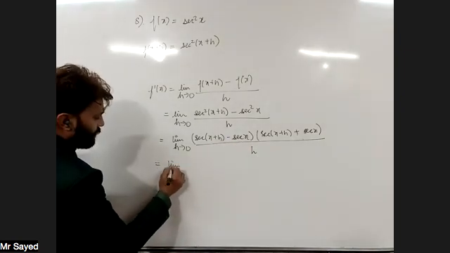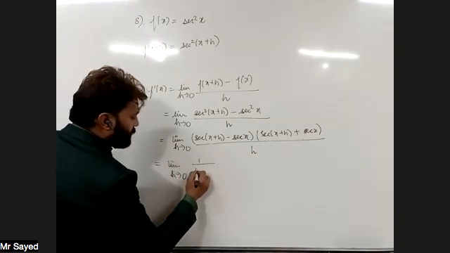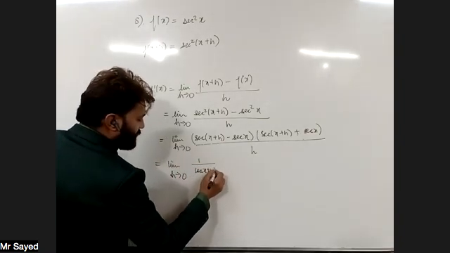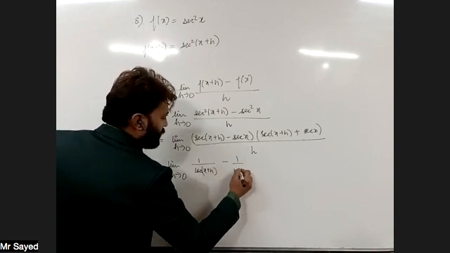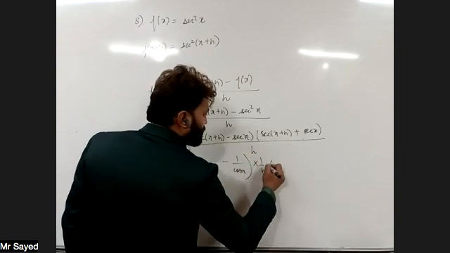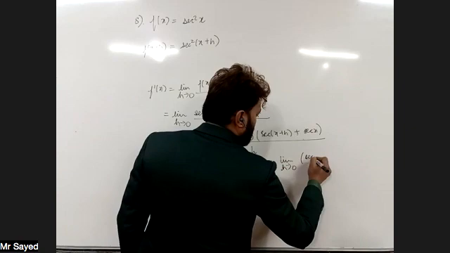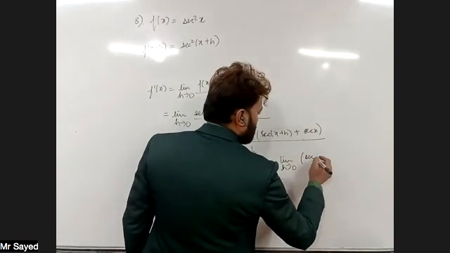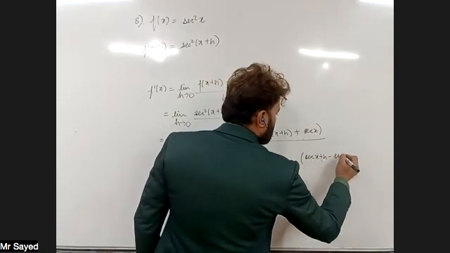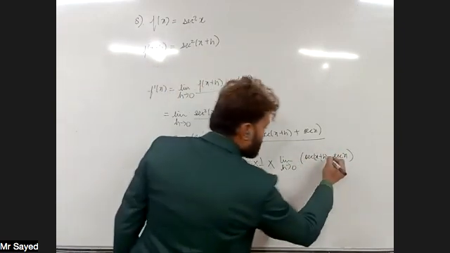Now look carefully. Limit h tending to 0. This sec can be written as 1 upon cos x plus h minus 1 upon cos x into 1 upon h and into limit h tending to 0 sec x plus h, minus sec x. Sorry, not minus, that's plus.